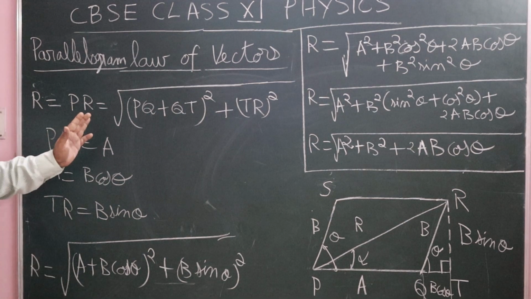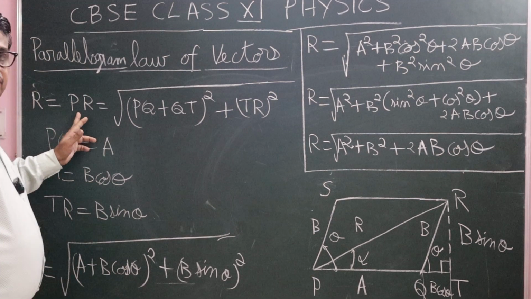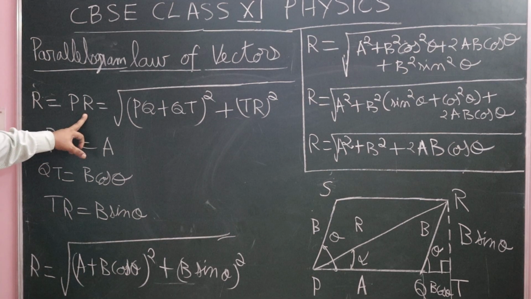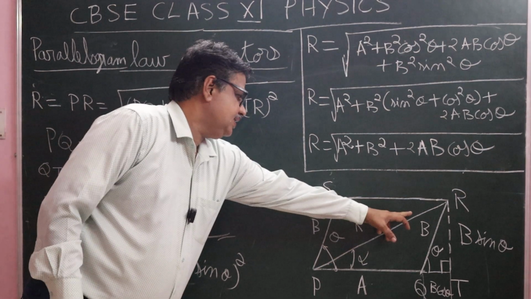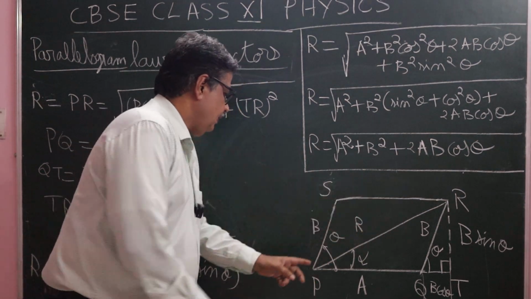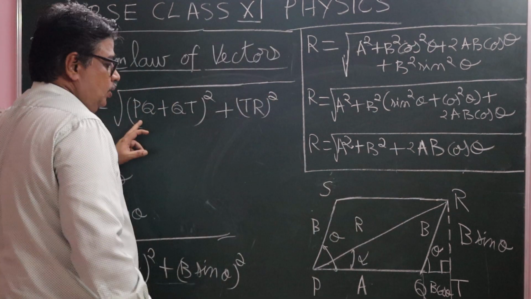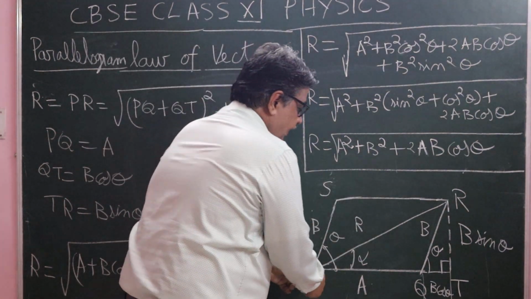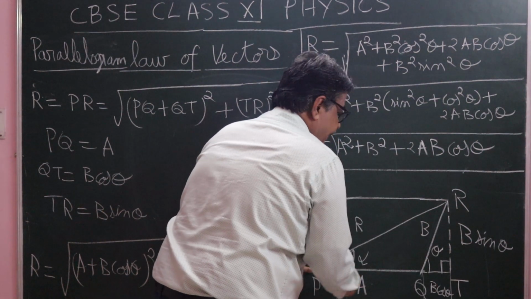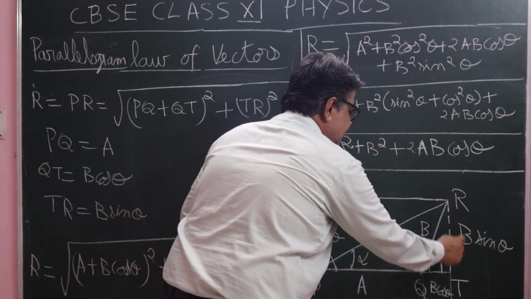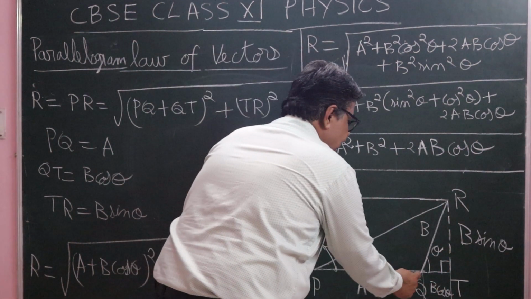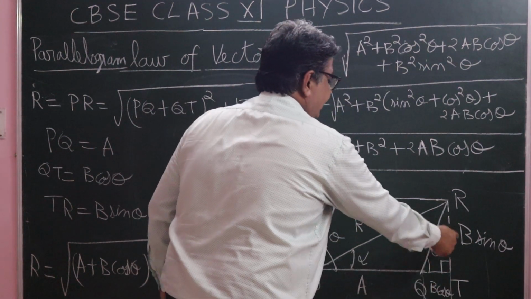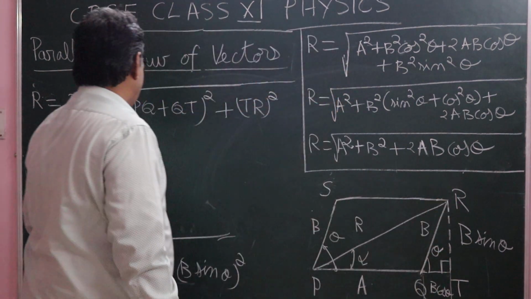Now let us find out R. The resultant R is equal to PR. PR is equal to the square root of, using the Pythagoras theorem, PT whole square plus TR whole square, that is, PQ plus QT whole square plus TR whole square.